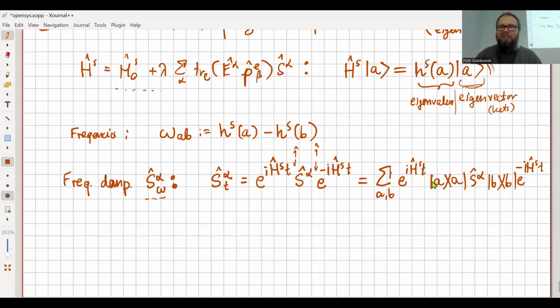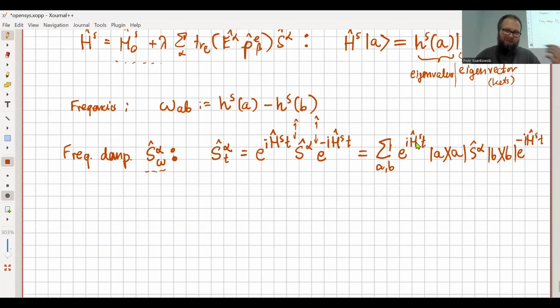But these are eigenvectors, so it's very easy to evaluate what the action of the unitary here is. The operator will turn into the corresponding eigenvalue.